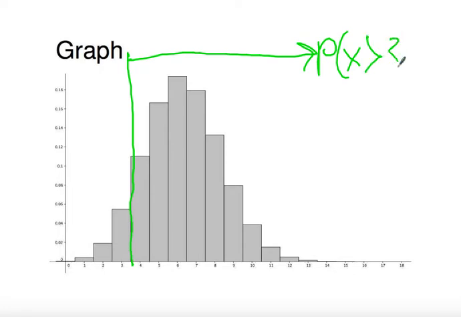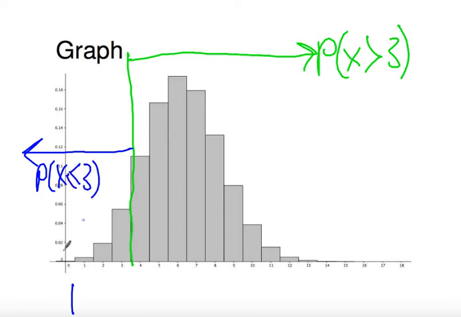Now I can't do x is greater than probabilities. What I can do is the whole probability, which is 1, take away the first part of it, which is probability x is less than or equal to 3. So 1 minus probability x less than or equal to 3.